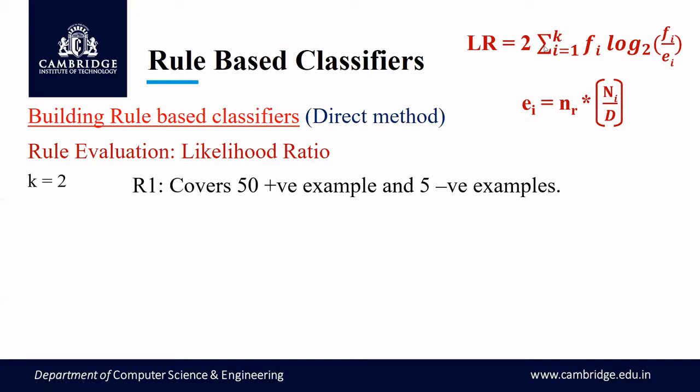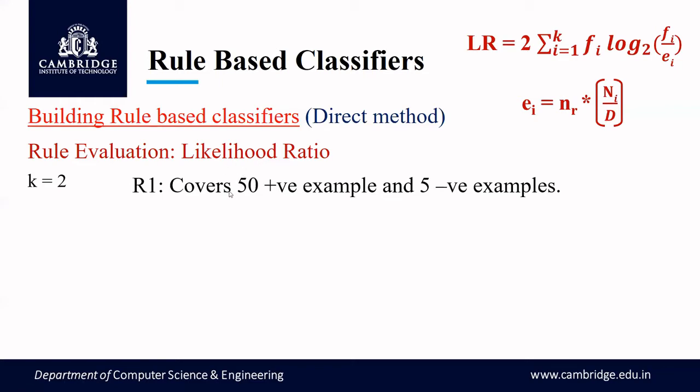And then we have fi. What is fi here? Fi is the frequency of a particular class in the given rule. First I'll consider f plus and then f minus. What is the frequency of the positive class? When I say frequency, it is the number of records that are covered.